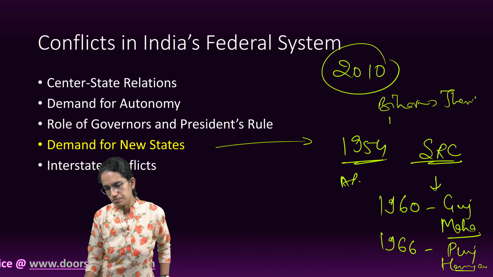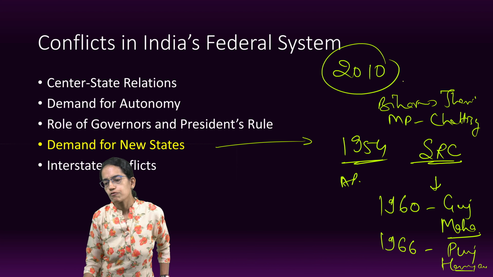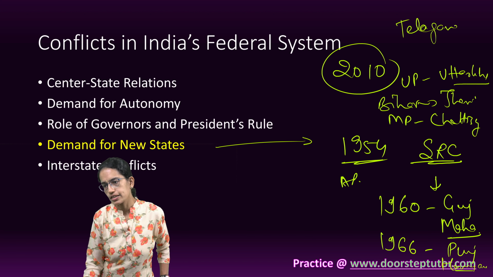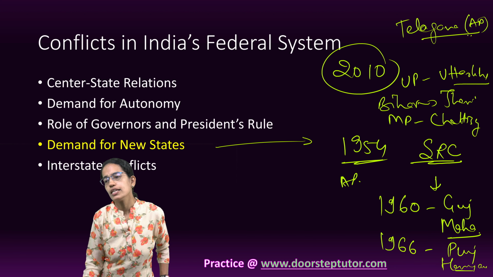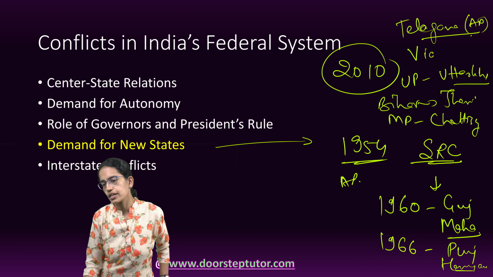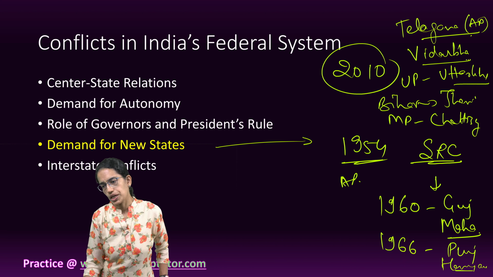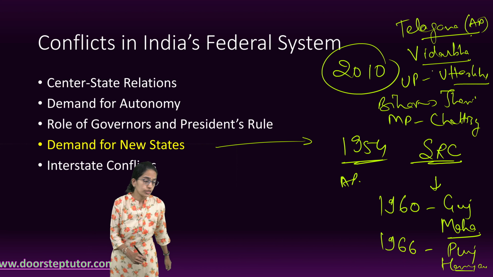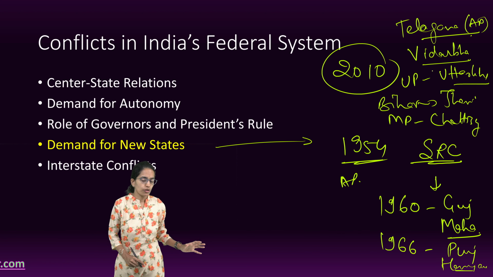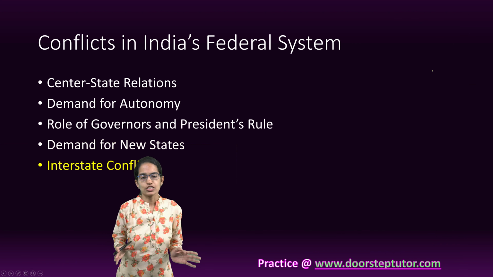From Madhya Pradesh, it was Chhattisgarh, and from Uttar Pradesh, it was Uttarakhand. Also, we still have issues about the separation of Telangana from Andhra Pradesh, already done, and then we have issues of separating Vidarbha in the Maharashtra area. So there has been a constant demand talking about autonomy of the new states and creation of new states.